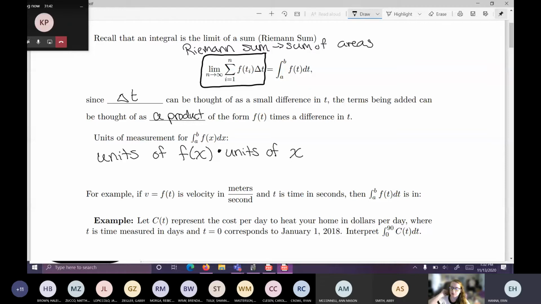If you think about what the Riemann sums were doing, we were taking widths multiplied by lengths. The widths were x values and the lengths were y values. So that makes sense as exactly what the units are here. One other note I want to make really quick is the units of the bounds.